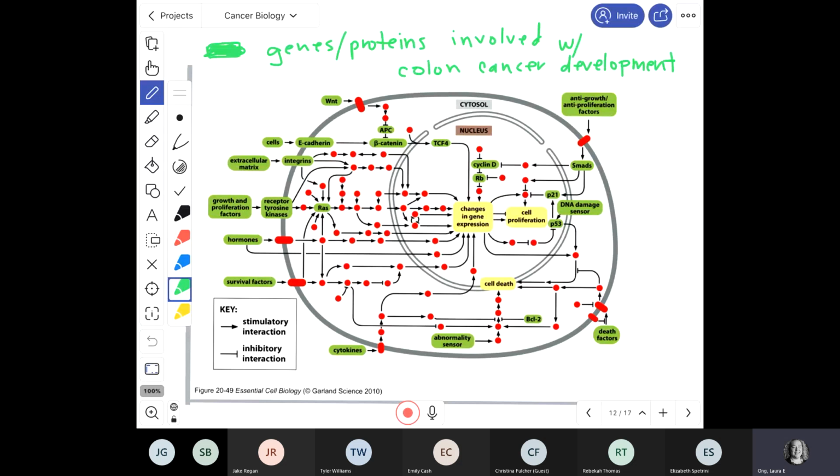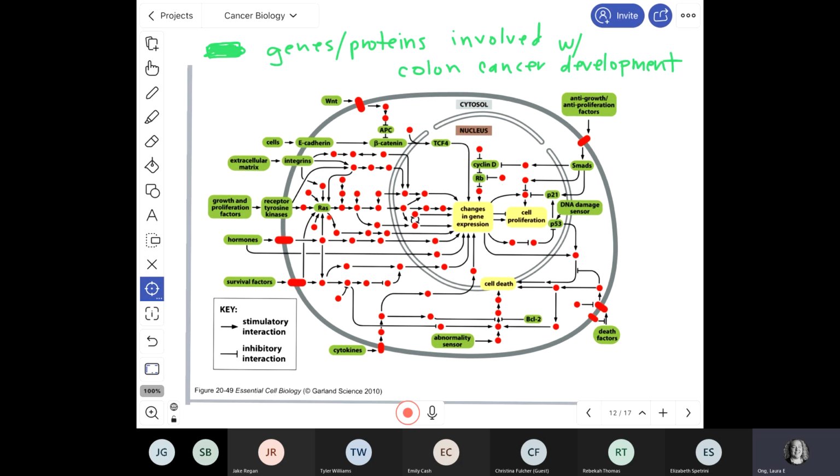And I would say before you had this class, this picture would just look so awful that you would just skip past it. But this is interconnected signaling pathways. And if you look at what some of these genes are, we have talked about what they are. So here we've got RAS.